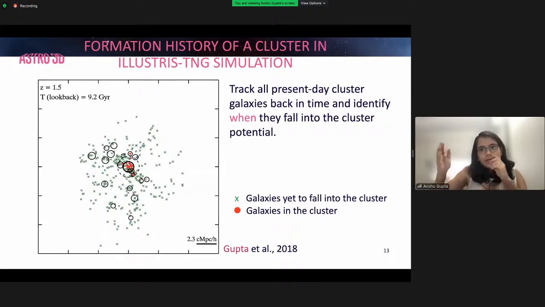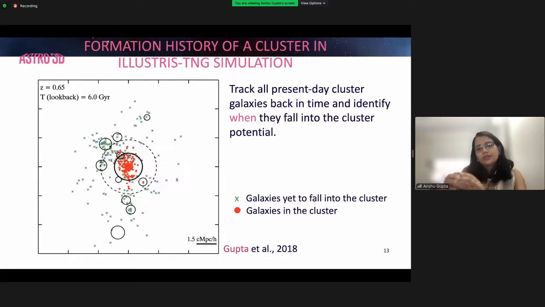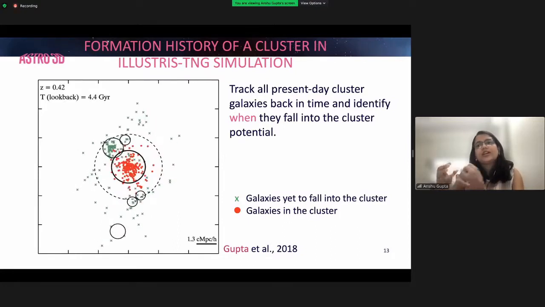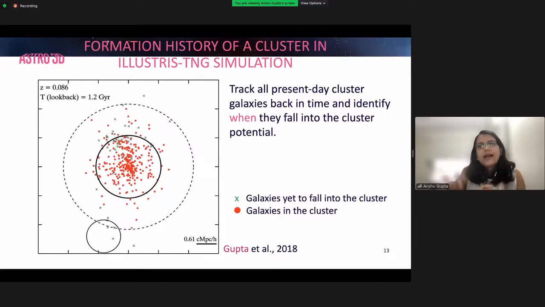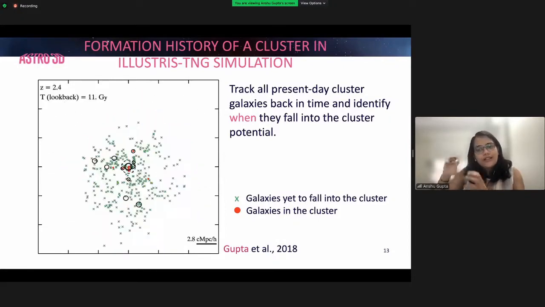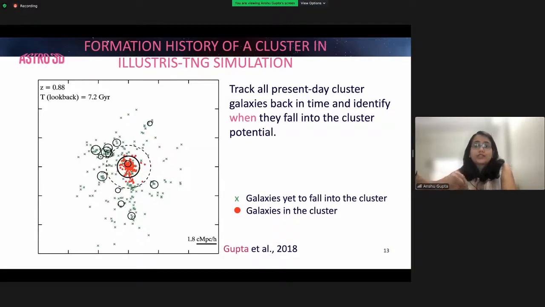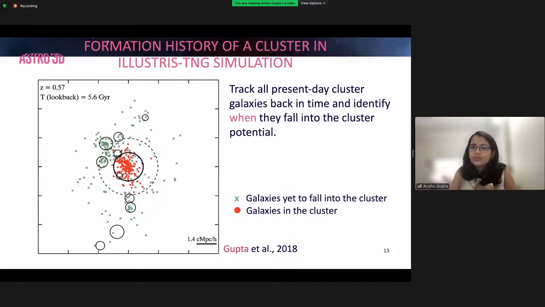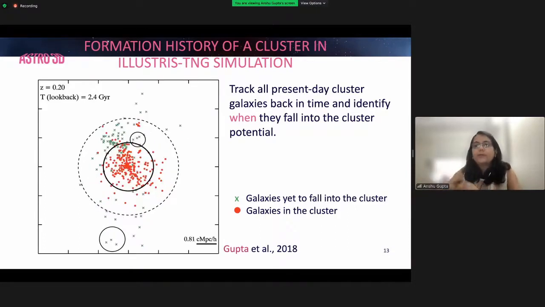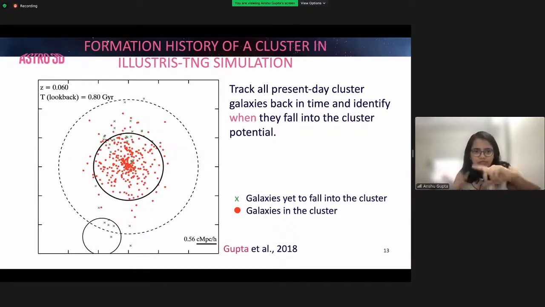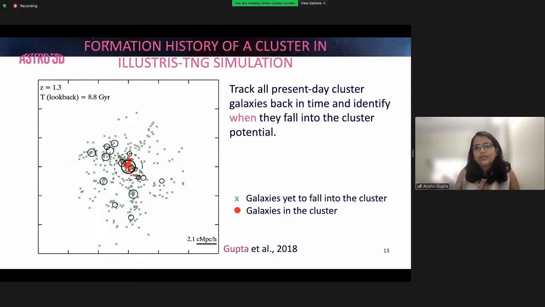At each time step in the simulation, we figure out which galaxies are already part of the cluster, and that is these red circles. Some of those galaxies were not part of the cluster at this redshift, because the cluster is still building. They are part of the cluster at redshift of 0, but at earlier epochs they won't be. So the green crosses are the galaxies that have not fallen into the cluster yet.